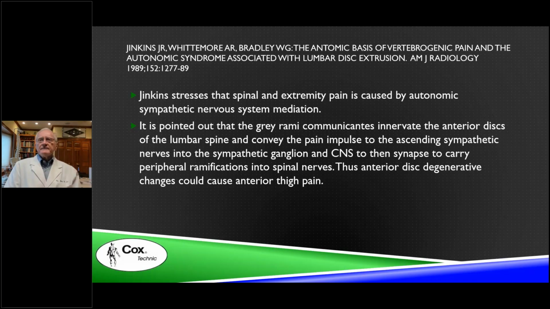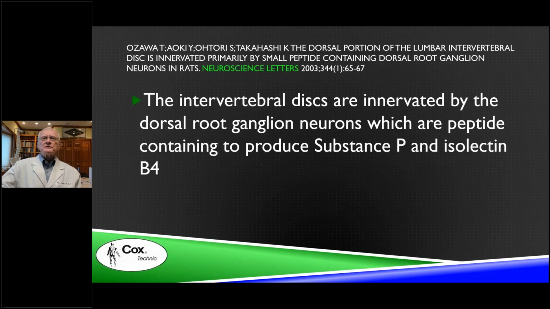In chronic pain, the DRG, the disc itself, the perivascular nerve supply of the nerve becomes predominantly autonomic sympathetic nerves, which create, when inflamed, ischemic hypoxia. So let's remember that as we proceed.